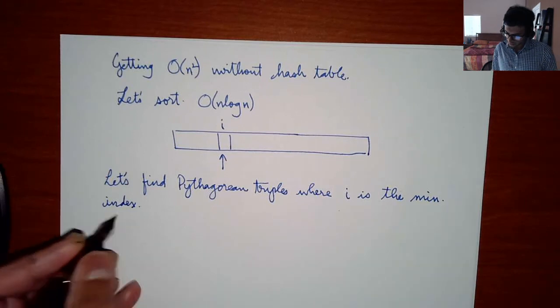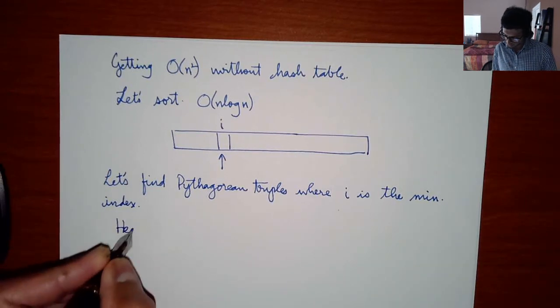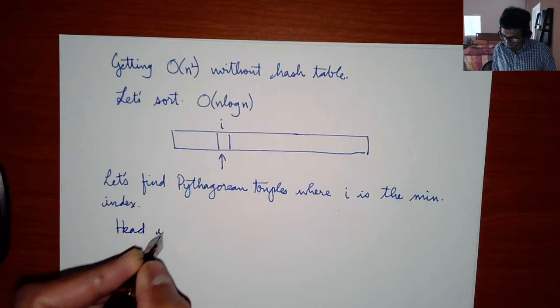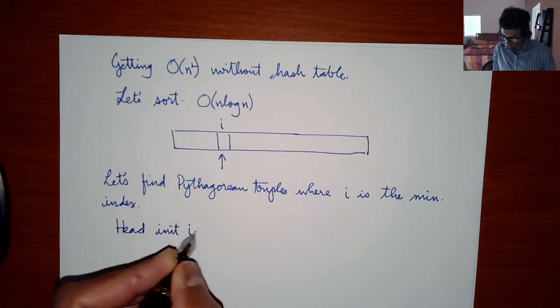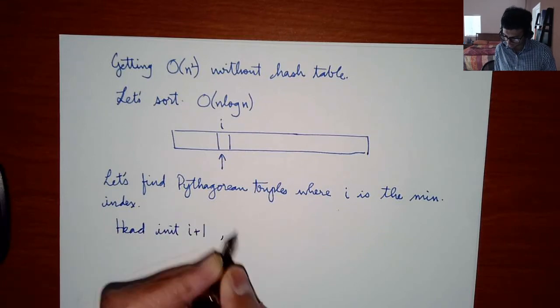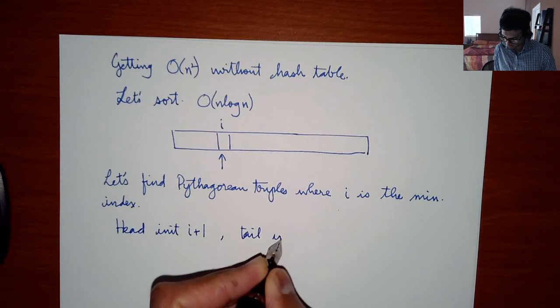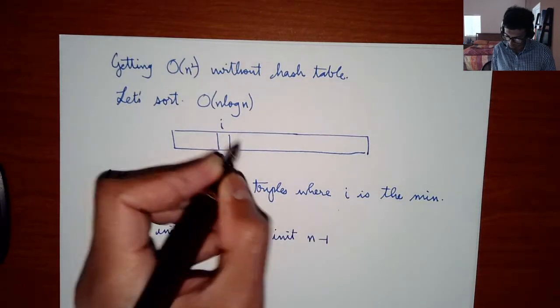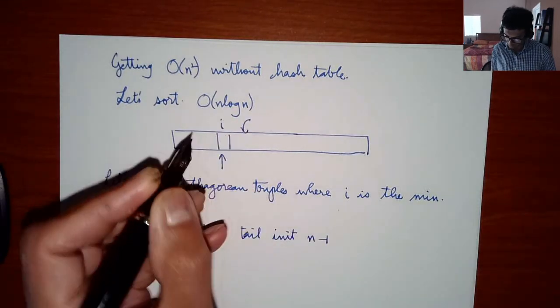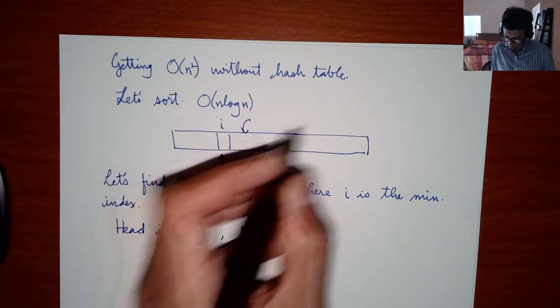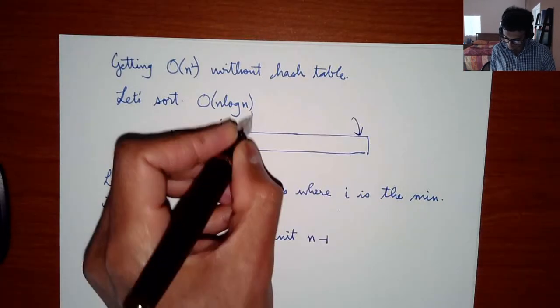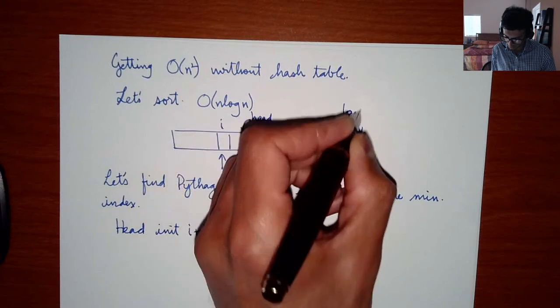So we're going to maintain 2 pointers, a head, initially I plus 1, and tail, initially n minus 1. So this is going to be head and this is going to be tail. Head and tail.